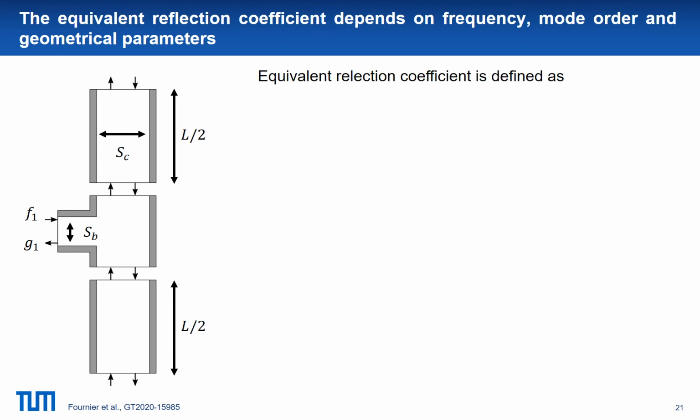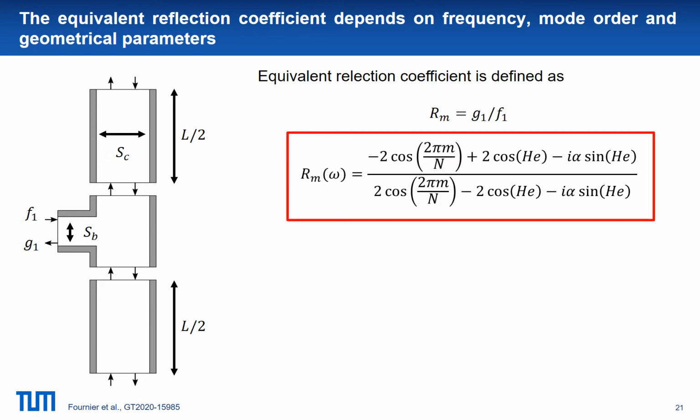We define the equivalent reflection coefficient as the ratio between the G wave coming back from the chamber and the F wave coming into the chamber. I'm not going into the details of the derivation here, you can find that in the paper, but we obtain the following analytical expression, where the Helmholtz number is kL and alpha is the area ratio between the burner and the chamber.